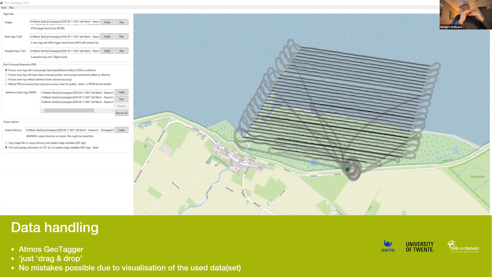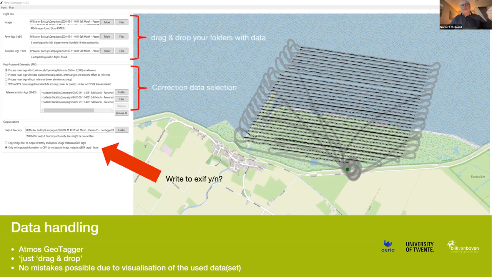If you put it in separate folders, a folder with the pictures, a folder with the PPK data inside, a folder with your GNSS data, your base station, or whatever you want to have, you can just drag and drop them in this geochecker software.